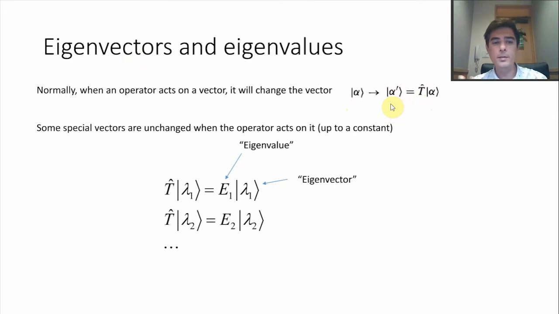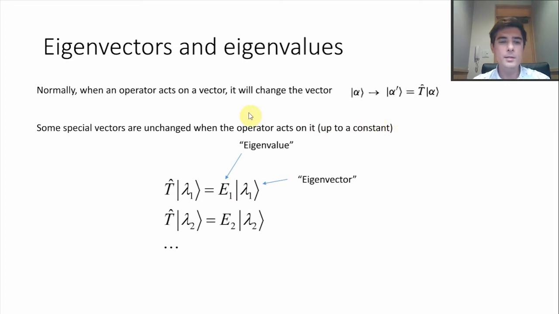But there are some special vectors which turn out to be unchanged when the operator acts on them. It's kind of like a symmetry of the operator, if you like.